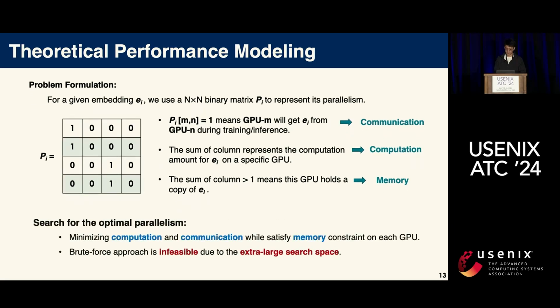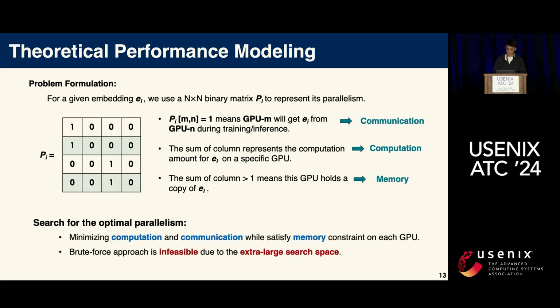So now we can search for the optimal parallelism based on the formulation. A straightforward way is to go through all possible parallelism plans and try to find the plan that minimizes the computation and the communication while satisfying the memory constraint on each GPU. However, this is infeasible since DLRMs usually have millions or even billions of embeddings, resulting in an extra large search space.